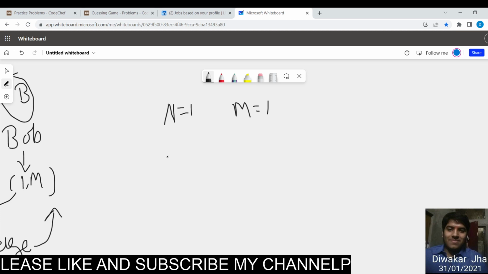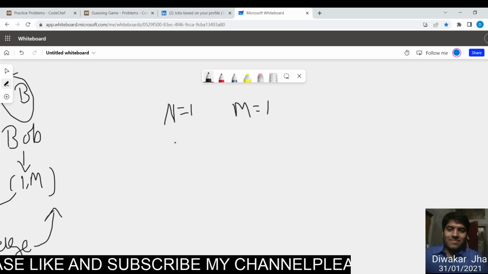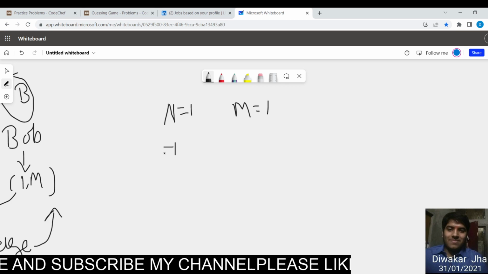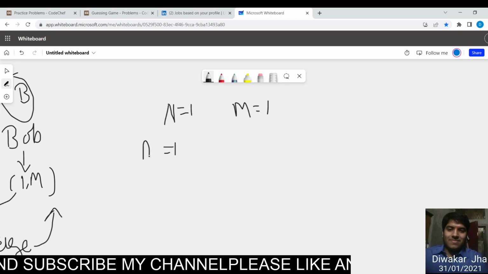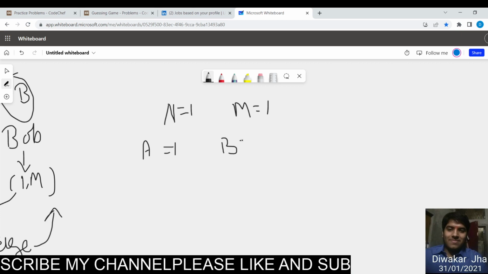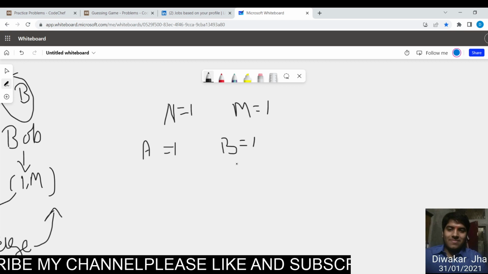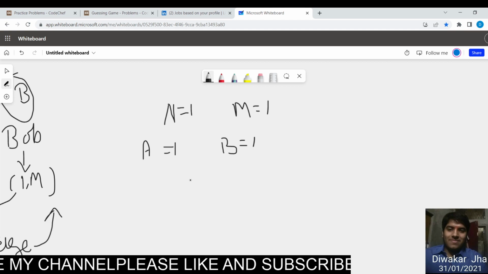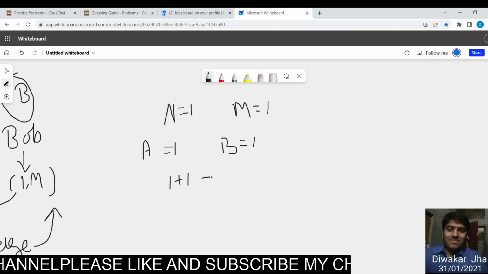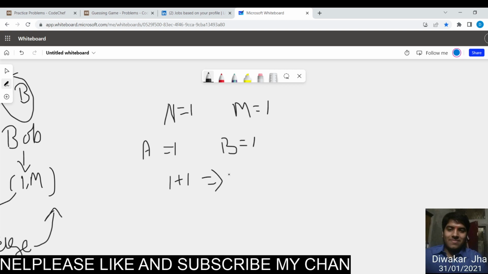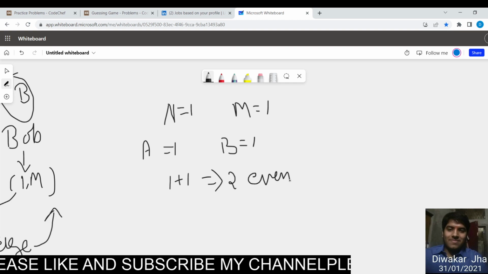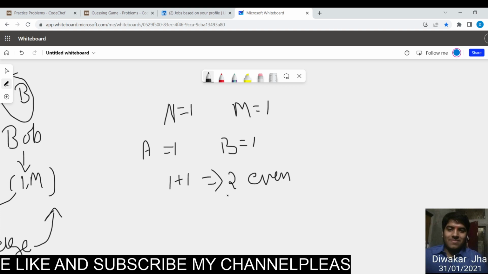In this case, Alice chooses only the number one, and Bob also chooses only one number. So their sum is equal to 2, which is even.